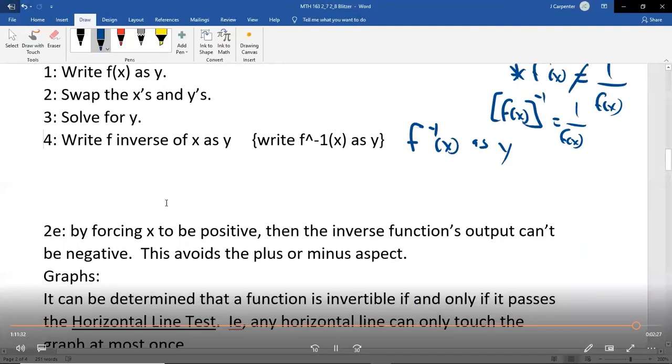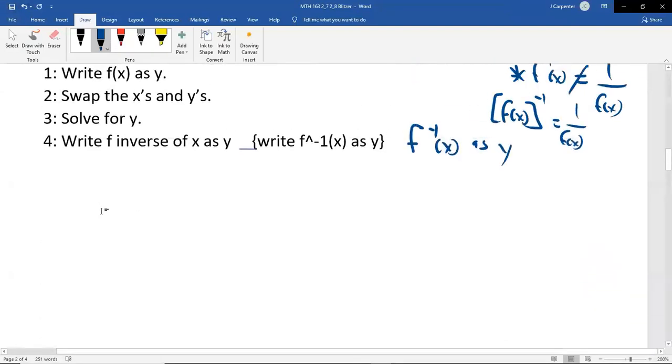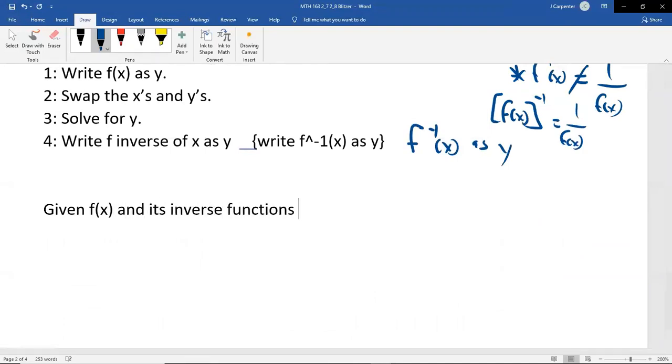So the last thing I want to say, that's for much, much later, is that if you're given f of x, and its inverse function exists, the inverse of f of x is, again, just rewriting what I said already, f -1 of x.